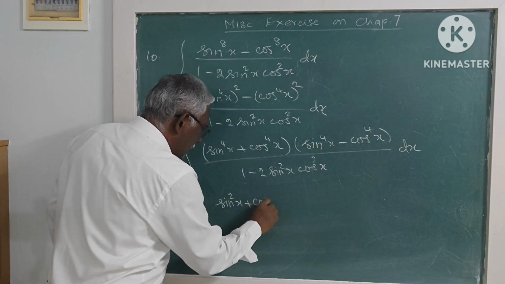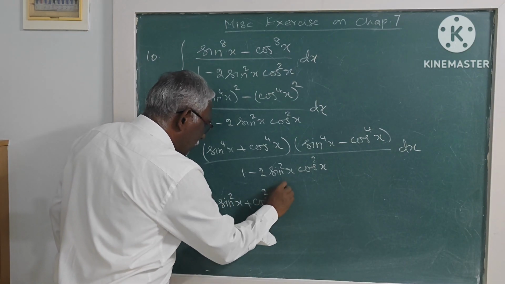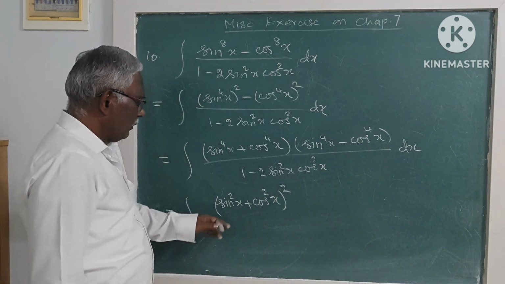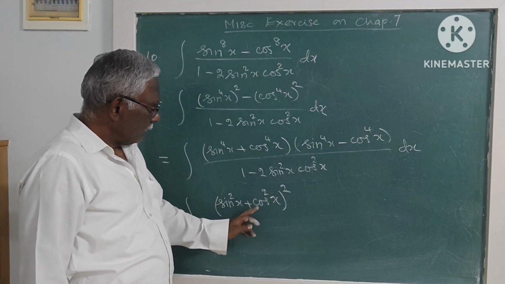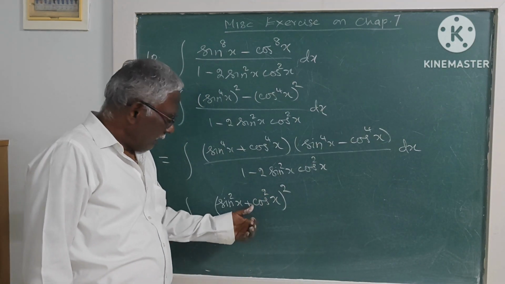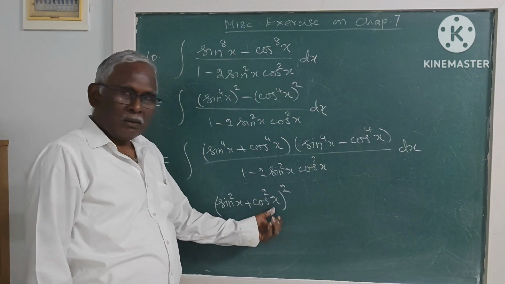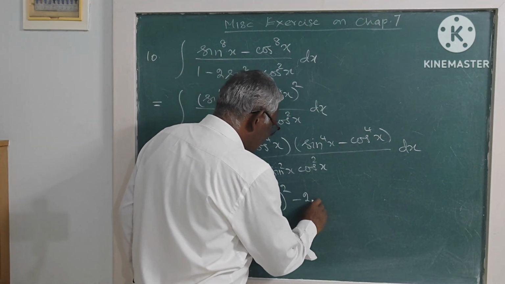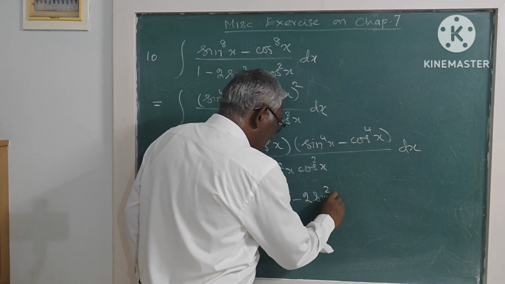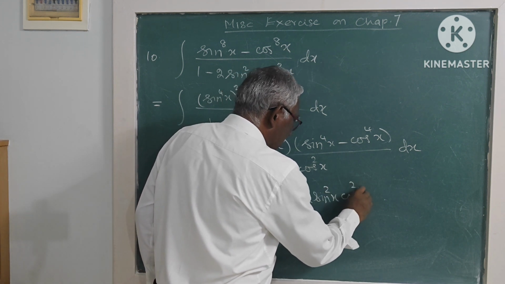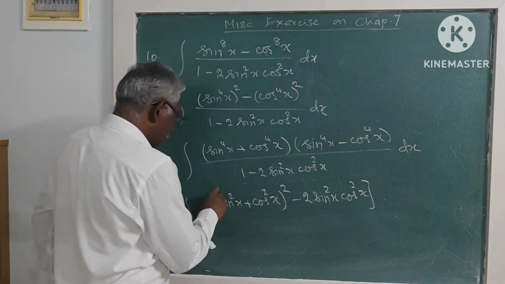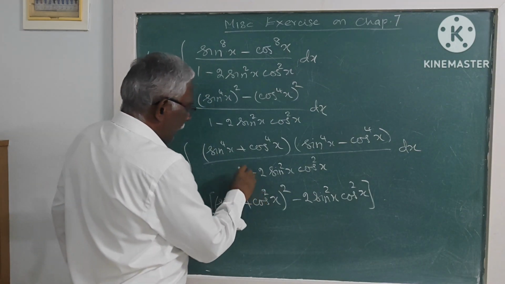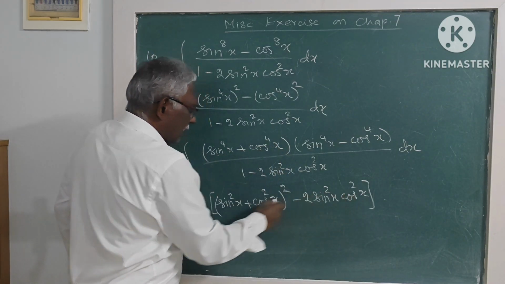plus cos square x whole square. And we expand this sin power 4x plus cos power 4x. Again plus 2 sin square x cos square x is there, that we have to subtract. Minus 2 sin square x cos square x. This one only we written like this.